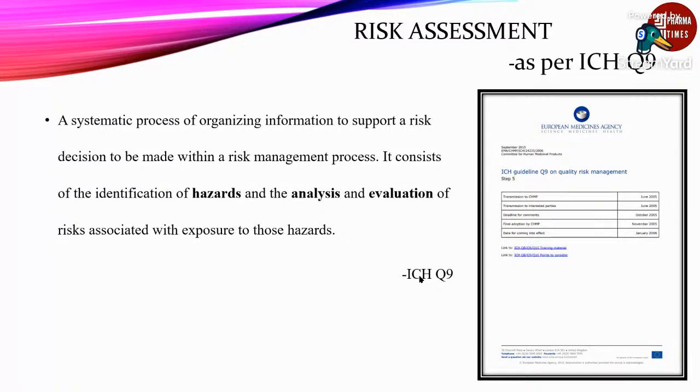So in GAMP 5, which we already discussed for computer system validation, it is written that for risk assessment you follow the ICH Q9 rules as defined in that guideline. So we are going to define risk assessment based on ICH Q9.